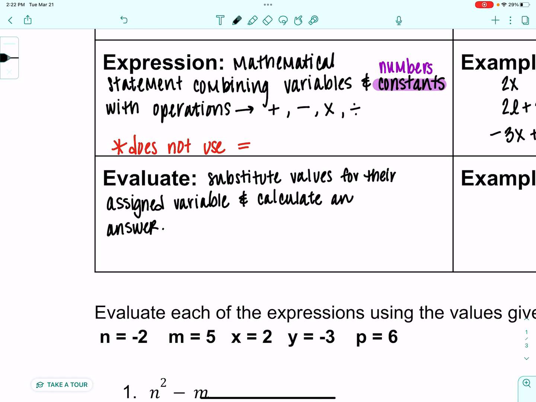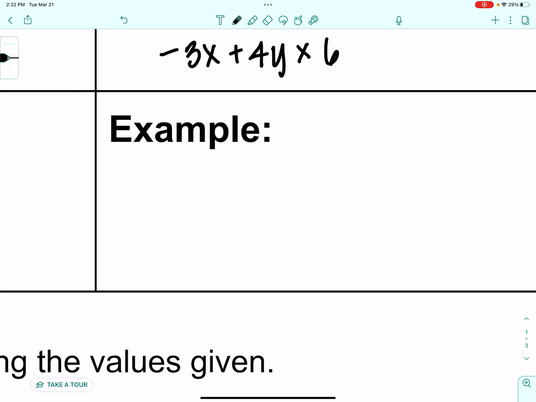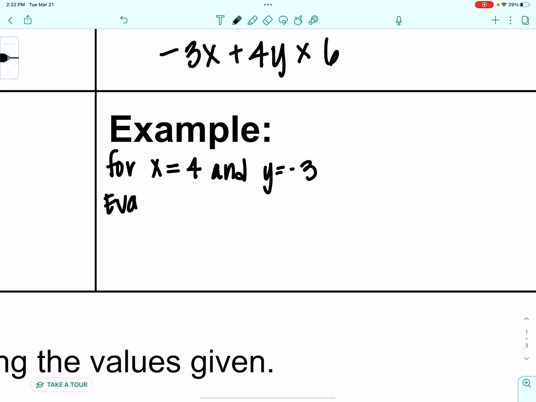So you might see a problem that would say for x equals 4 and y equals -3, evaluate 2y minus x.